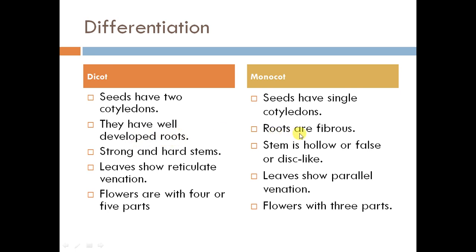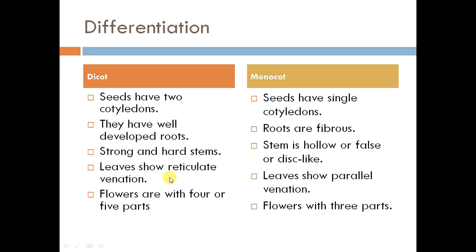In case of monocot, the roots are fibrous, like fibers. Then dicot, they have strong and hard stems. In monocot, the stem is hollow or false or disc like. So, maize we can say to be a monocot, and groundnut we can say to be a dicot.